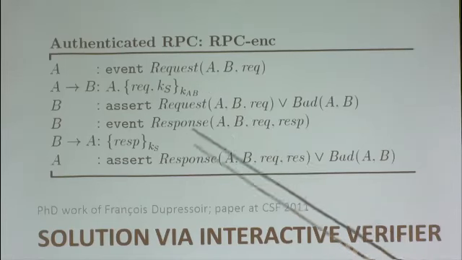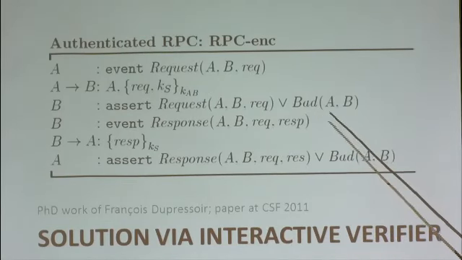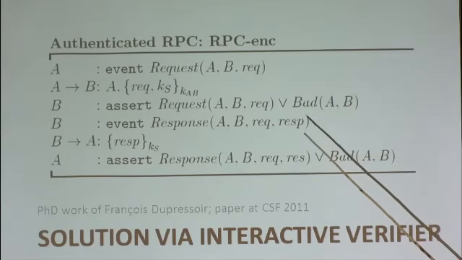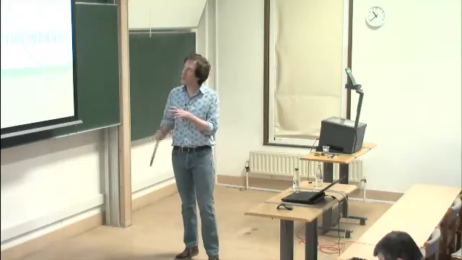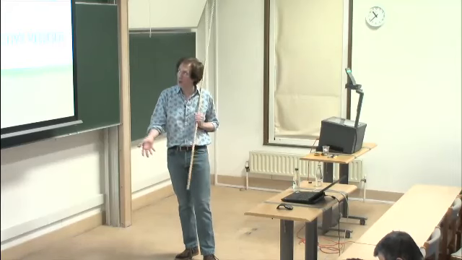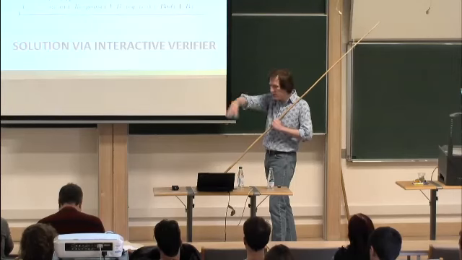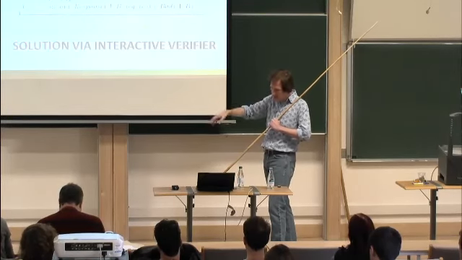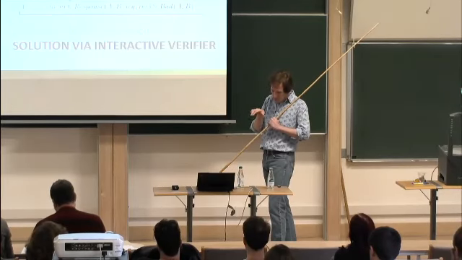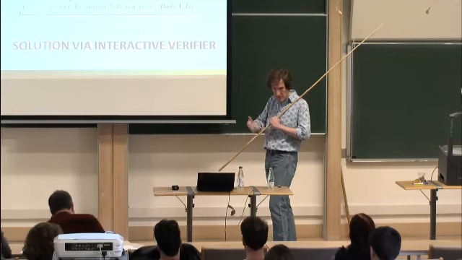So the way we model key compromise is having events that represent the key. So bad AB means that the key that's shared between A and B has gone wrong. Okay, so once the model explicitly allows key compromise, which of course is possible in the real world, you have to modify your security properties to take into account there might be compromise, but you want to be able to say things like, even if some of the population of users has compromised keys, if two principals are well behaved and their keys are not compromised, then they still obtain security.